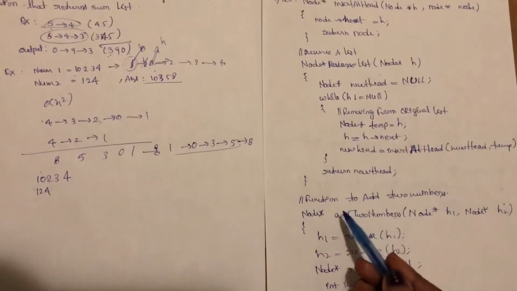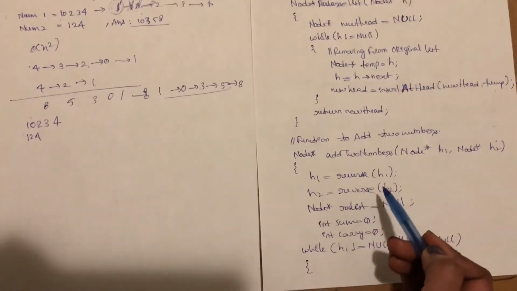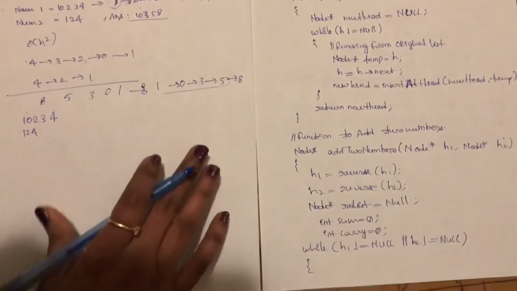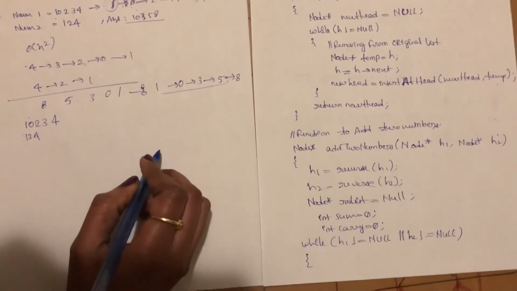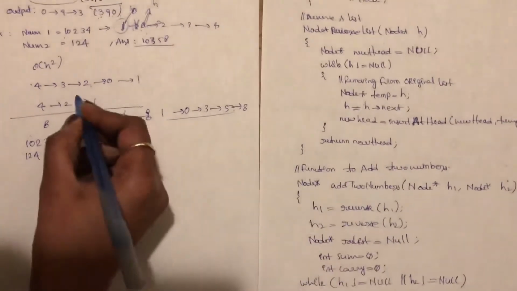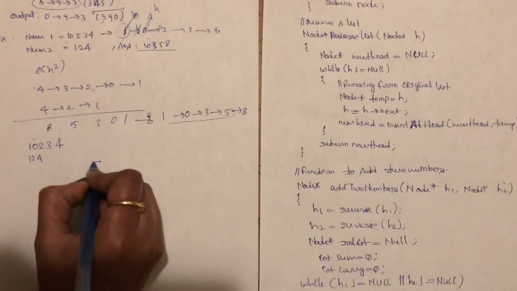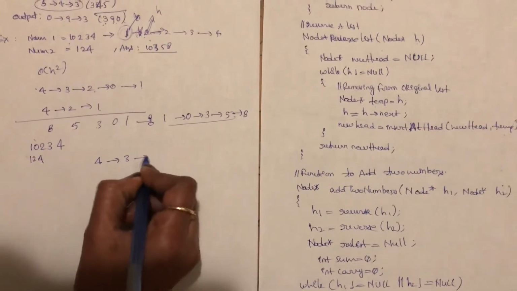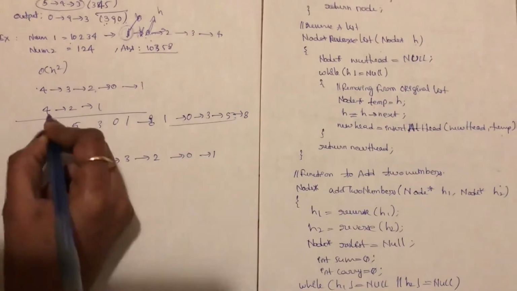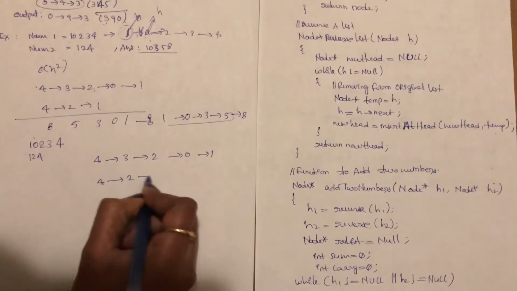Then we are going to use the add two numbers function to add the actual numbers. Once we have reversed these numbers, we get linked lists like 4 3 2 0 1 and 4 2 1.